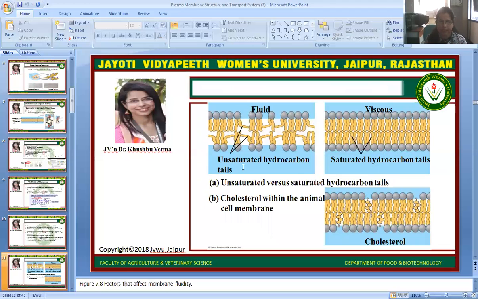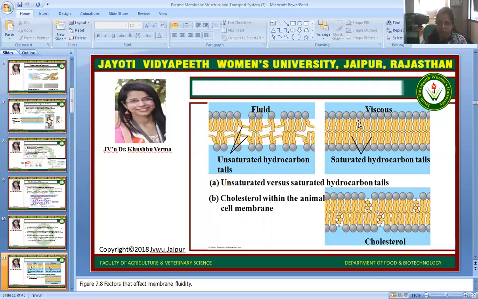Here we can see the fluidity impact. If fatty acid chains have more kinks, they will create gaps in between phospholipid molecules and will maintain the fluidity of the lipid bilayer.